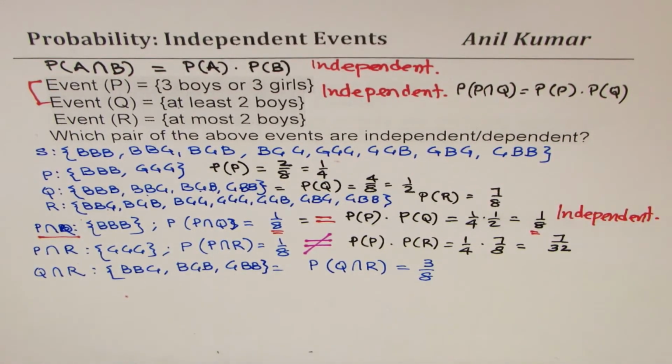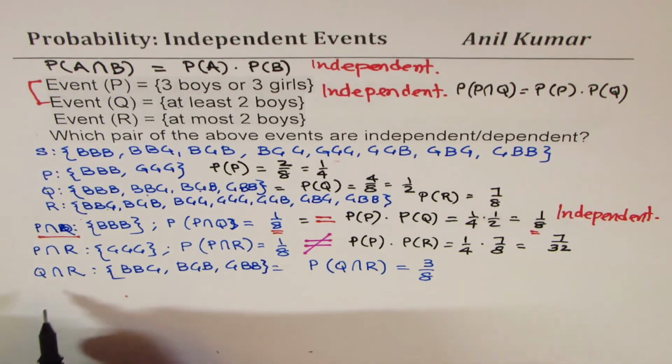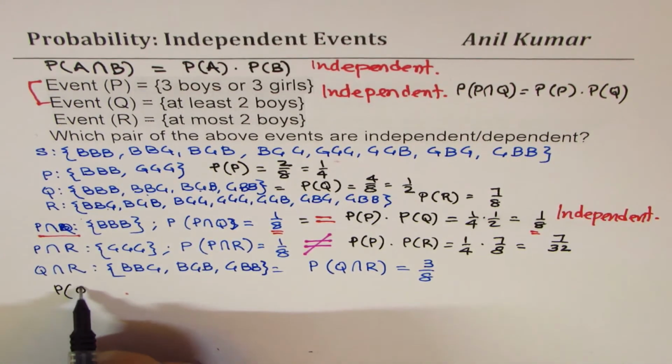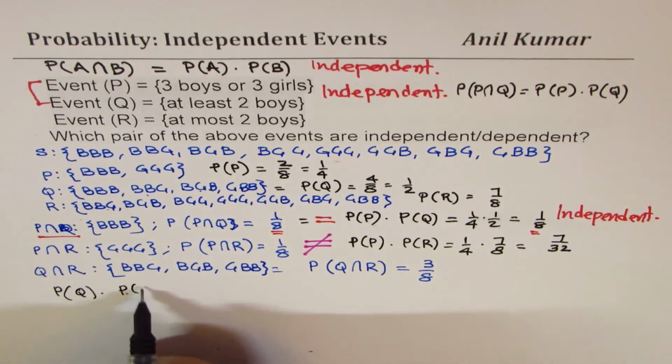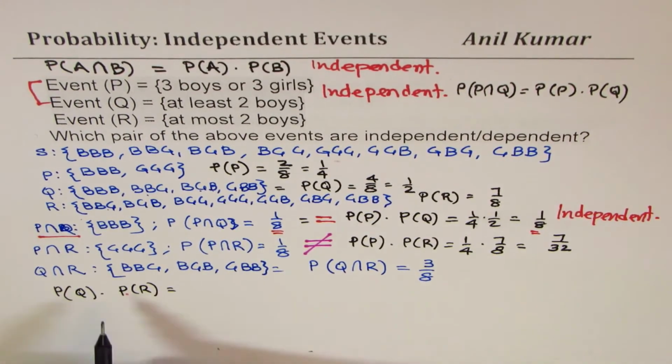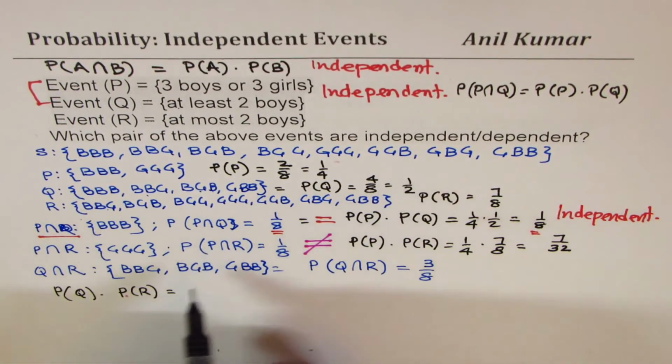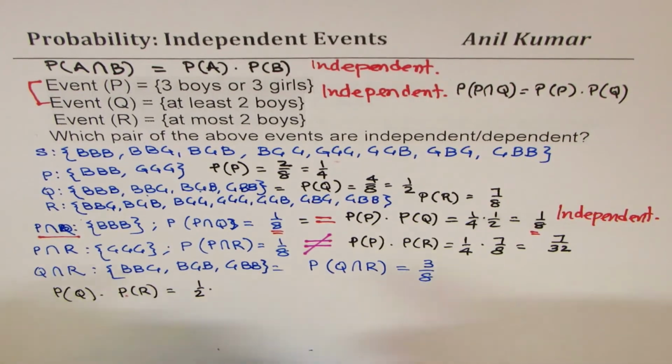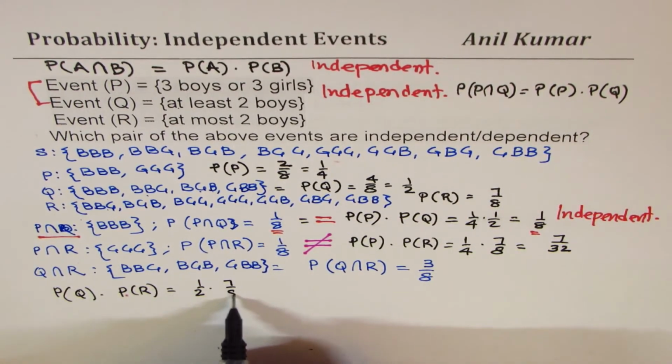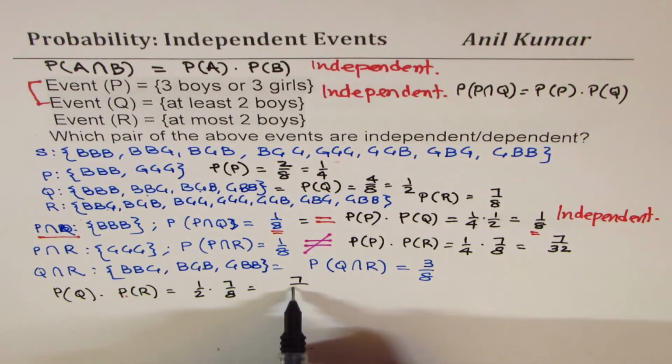Now, let us check the product of the probability of Q times the probability of R. What do we get? The probability of Q is half and that of R is 7 out of 8. So their product is 7 over 16.